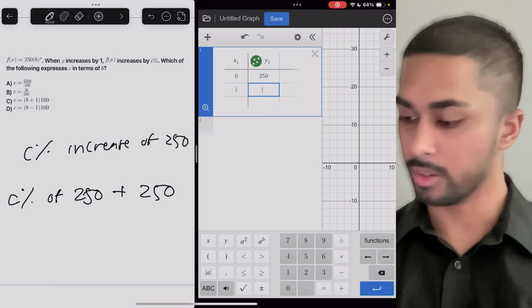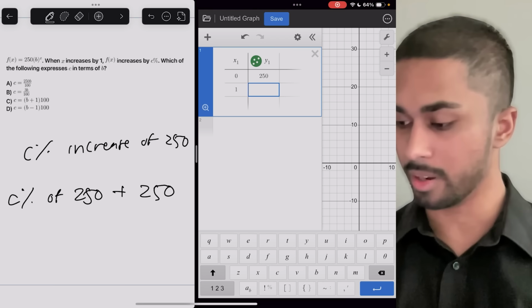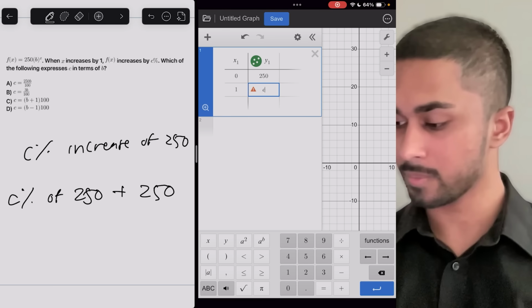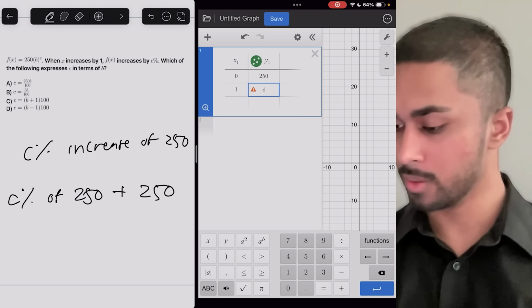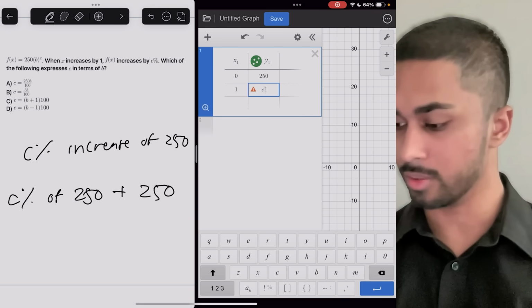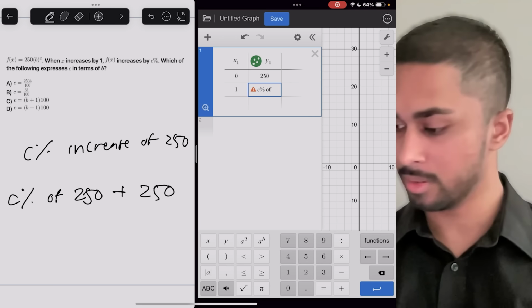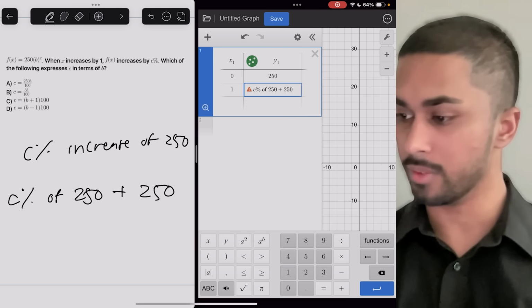So let's do C%. And don't worry, we're going to add a slider for C. We're going to define C. C% and just literally type percent. You don't need to do anything complicated with this. And then add 250.